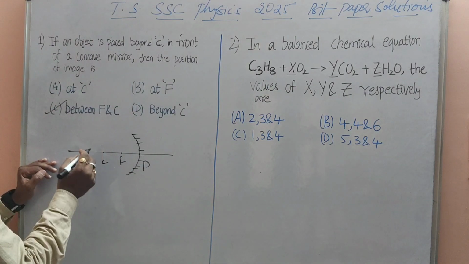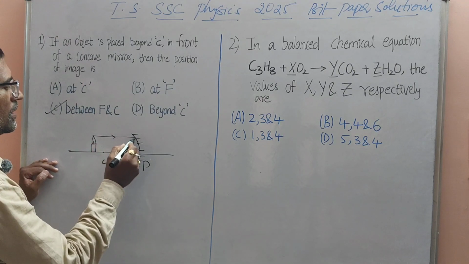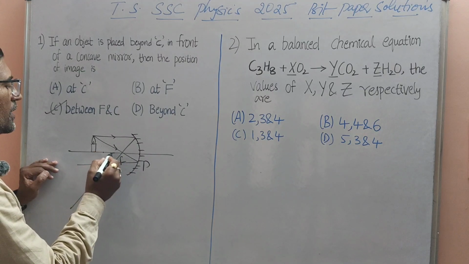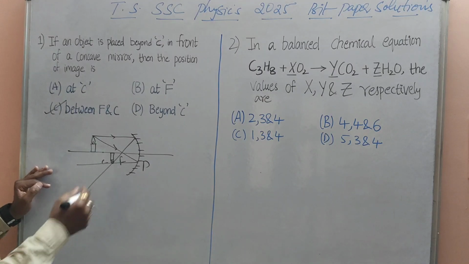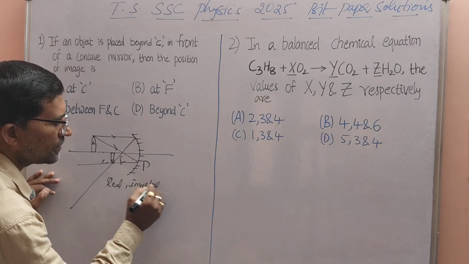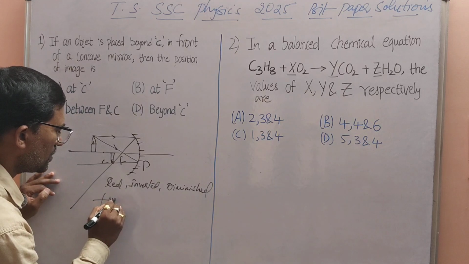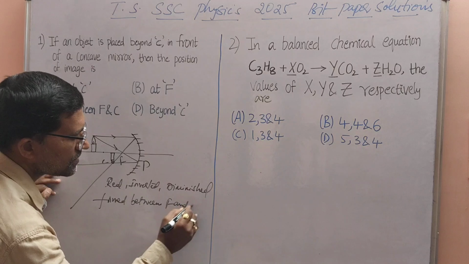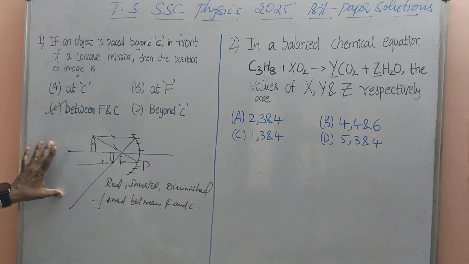If the object is placed beyond C, here the object is placed, the first ray is parallel, the next ray is passing through the focus, and I am explaining the solution clearly. So the image is formed between F and C. The image is real, inverted, diminished, formed between F and C. This is the first bit, the answer is C, and the solution is this.